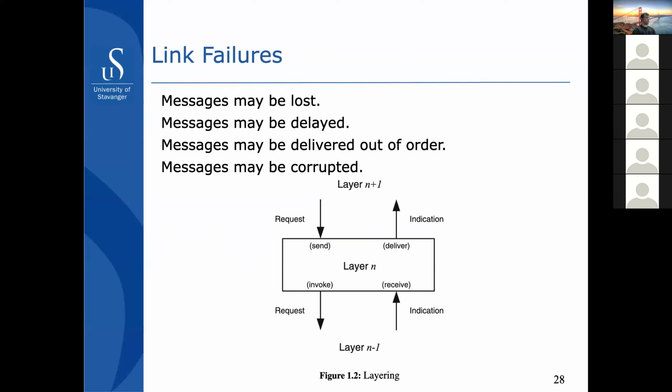But you will see later on, also in the labs, that they may also be delayed, which makes it more complicated.